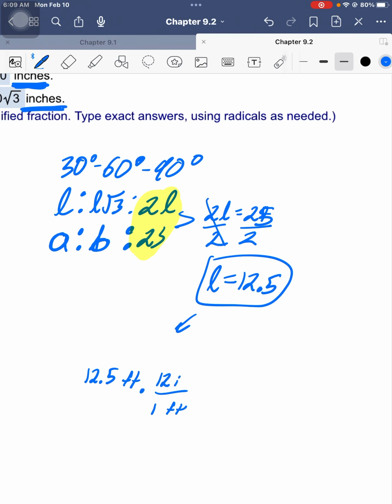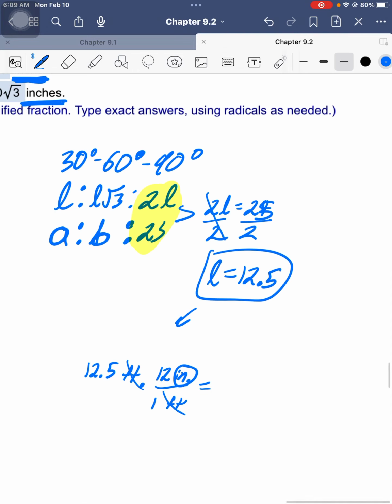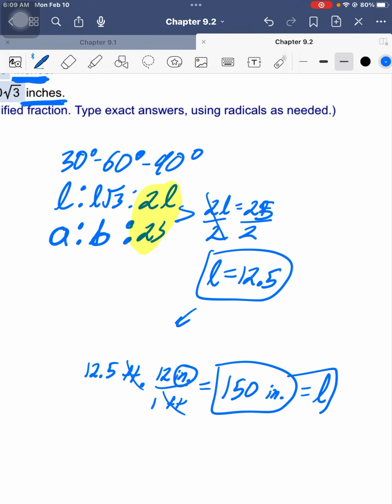So that means I'm going to do this. 1 foot equals 12 inches. This will get canceled. So what's my final answer in inches? 12.5 times 12. 150. So 150 inches. So that means my L is equal to 150 inches.